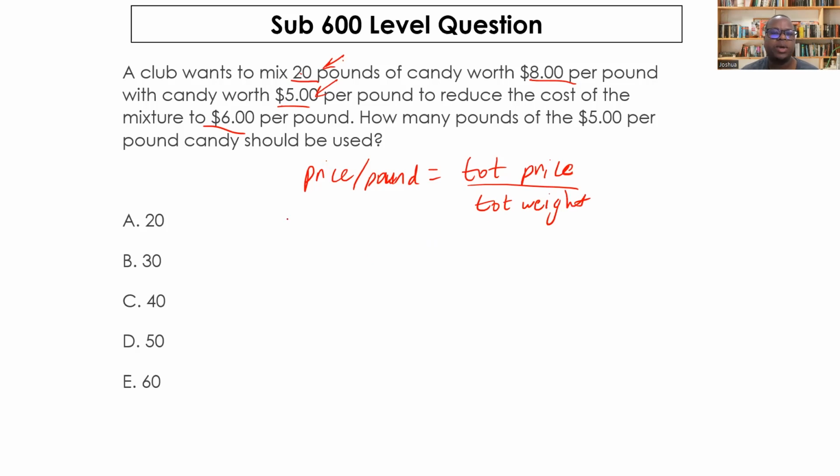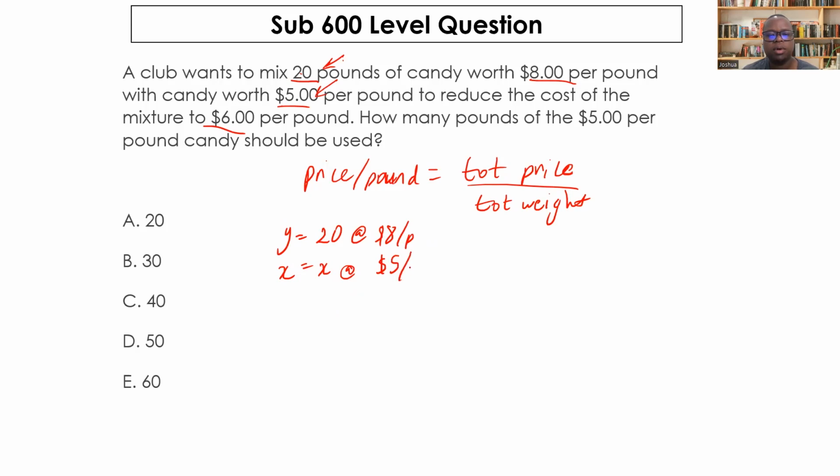Let's say you have y, which is 20 pounds at $8 per pound. Then you have x, which is x pounds at $5 per pound.